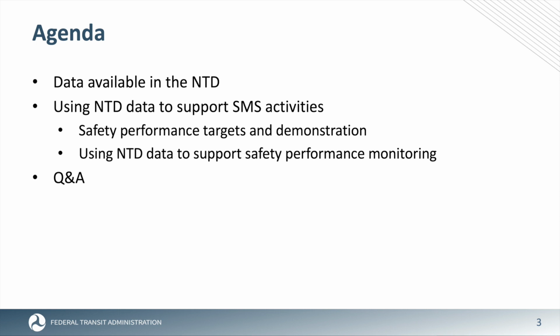So we're going to start off today by discussing what is the safety related data that's available from the National Transit Database. And then we're going to talk about how your agency could use that data to support your safety management system, your SMS.